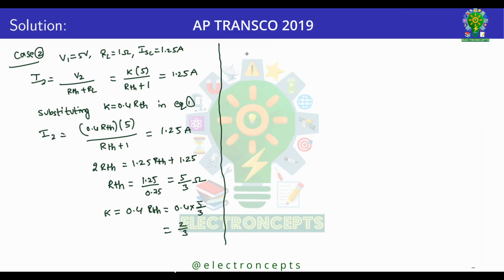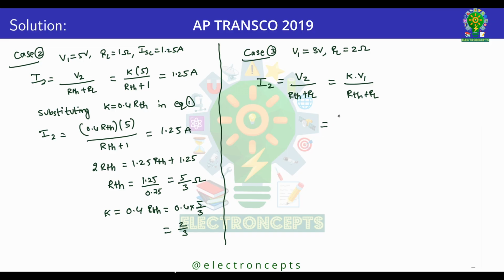Now let us calculate the value of secondary side port current I2 for case 3. In case 3, V1 is equal to 3 volts and RL is equal to 2 ohms. Secondary side port current I2 is equal to V2 by RTH plus RL, which is equal to K into V1 divided by RTH plus RL.